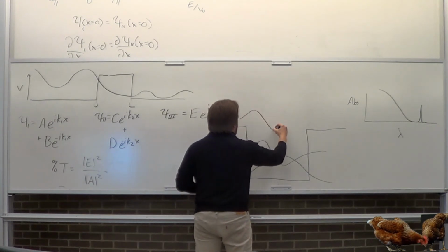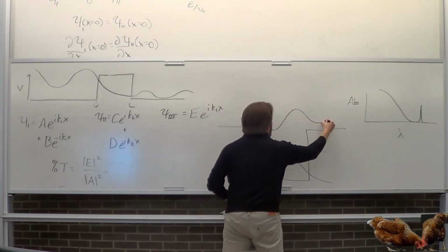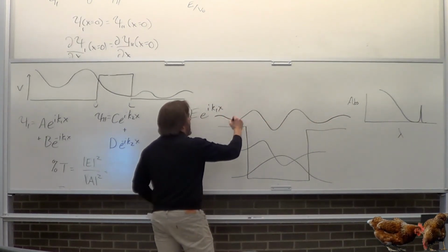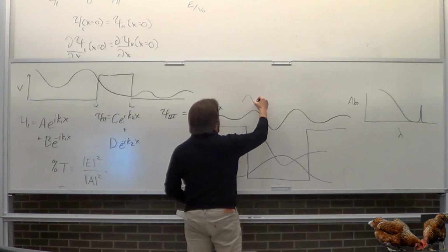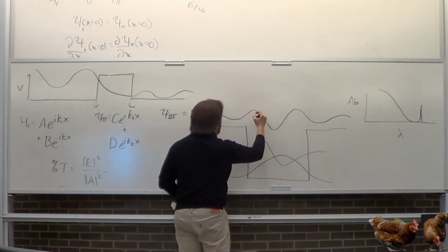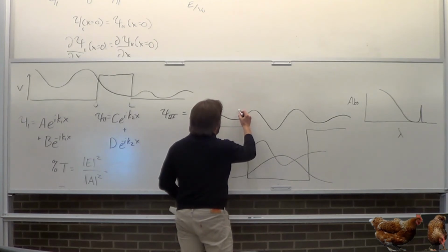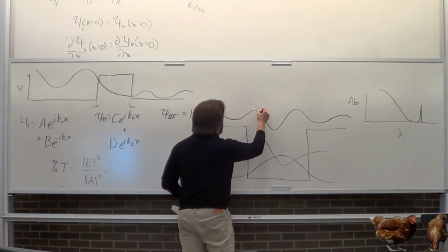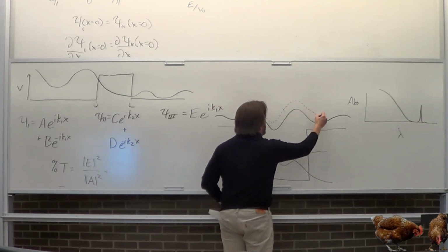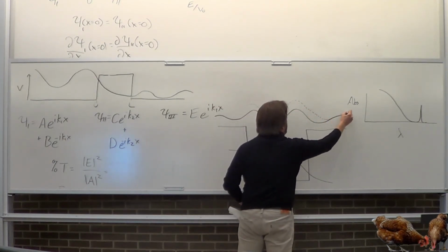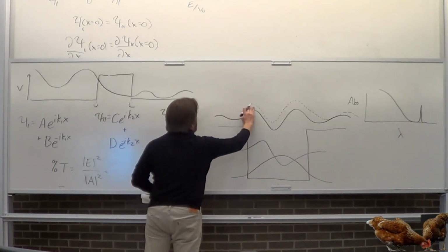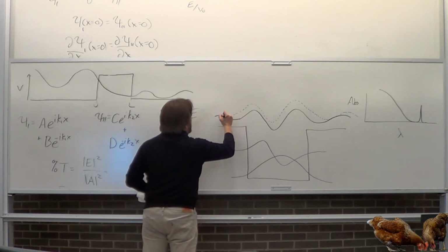I have to think about it before I draw it so that I don't mess it up. Okay, so you're thinking this is next. Now, in case you're thinking the next state is like this, no, the next state would be slightly wider than this one. Slightly wider, but just barely. See that?